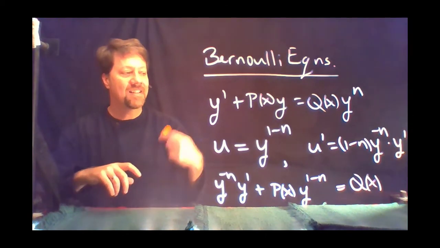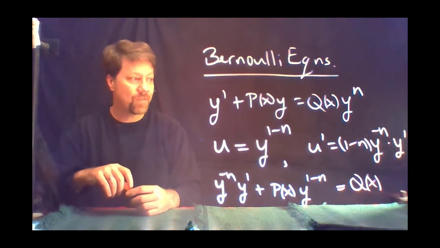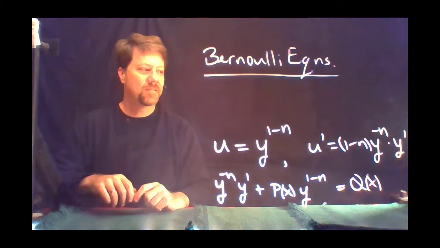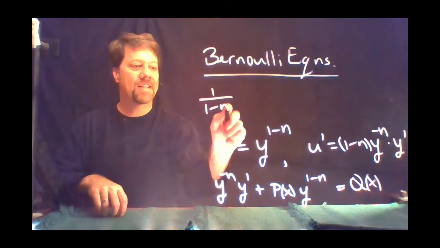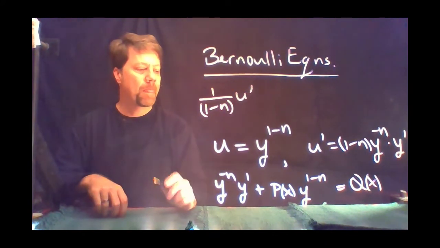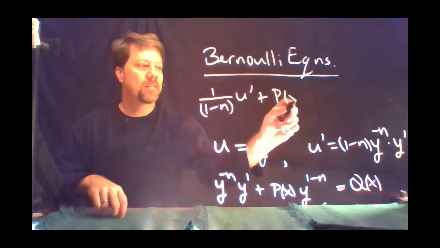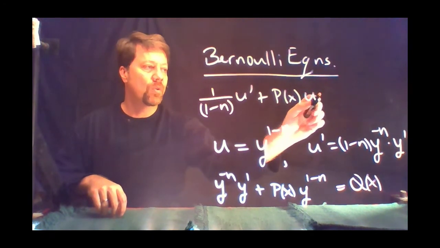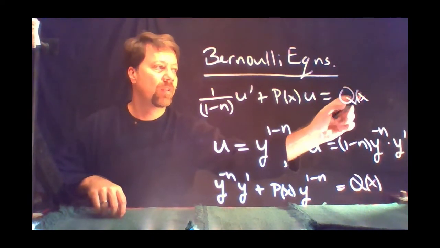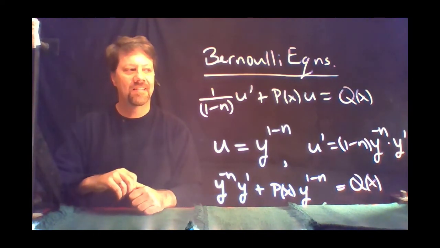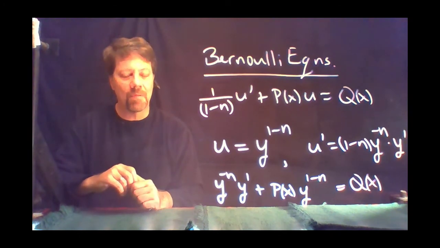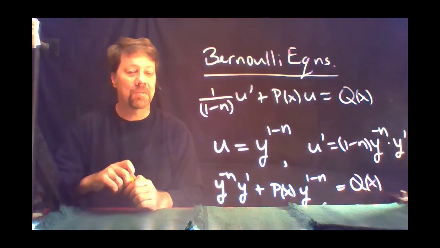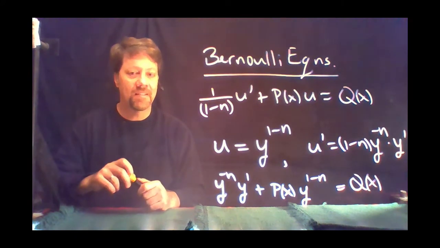In fact, the differential equation is transformed into the equation 1 over 1 minus n times u prime plus p of x u equals q of x. There's only one thing left to do to put this into the standard form for a first-order linear problem, but it's clear at this point it will be first-order linear.